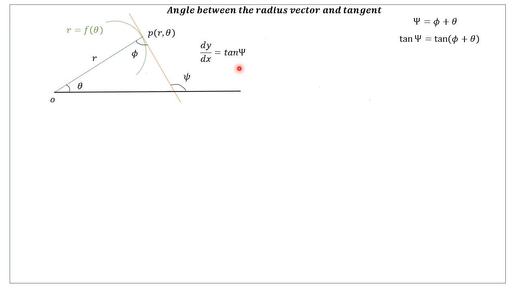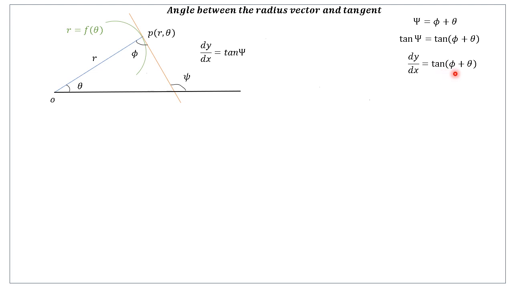But we know that tan psi is equal to dy by dx, so I will replace tan psi with dy by dx. As you all know from the trigonometric formula, tan of a plus b is equal to tan a plus tan b divided by 1 minus tan a tan b.